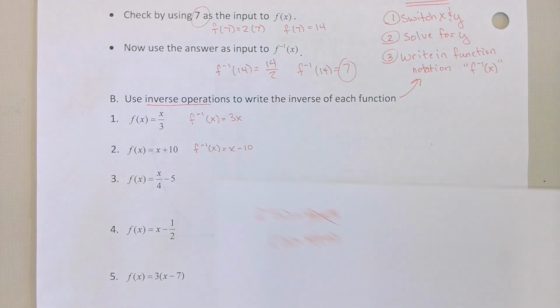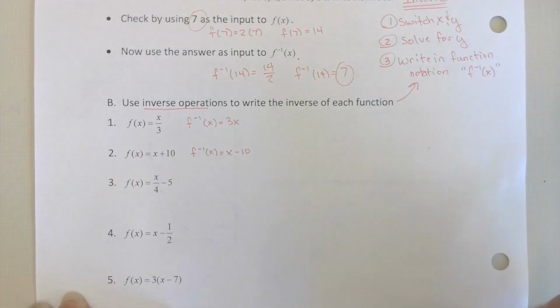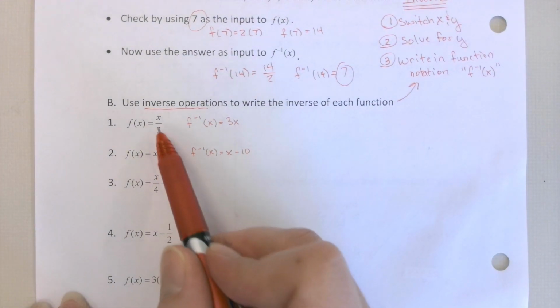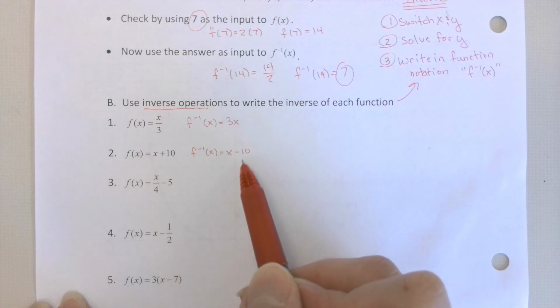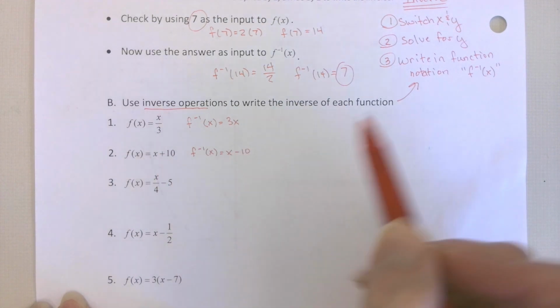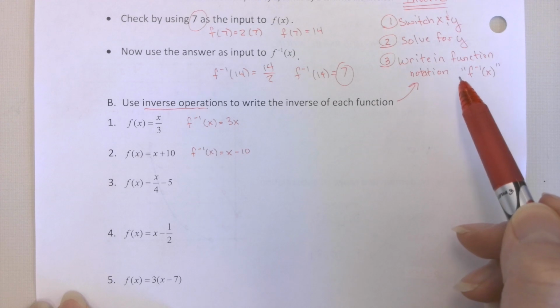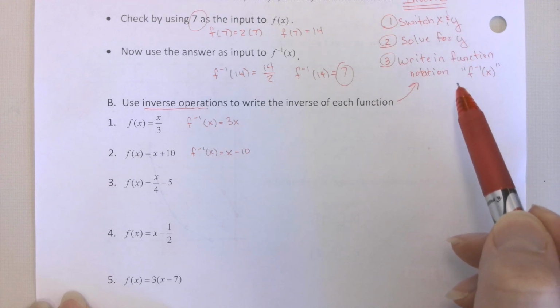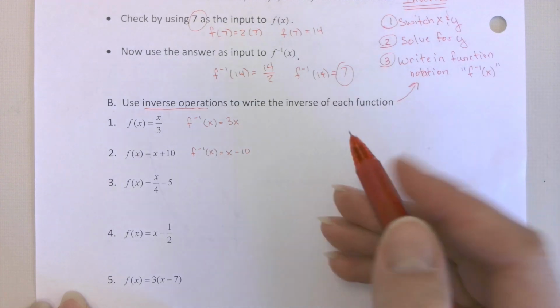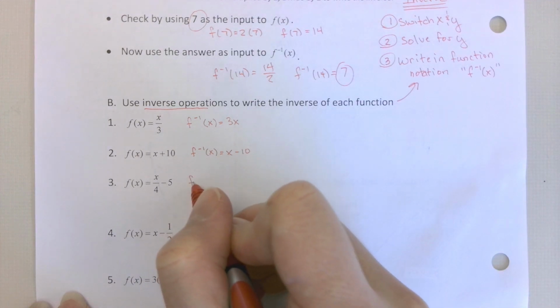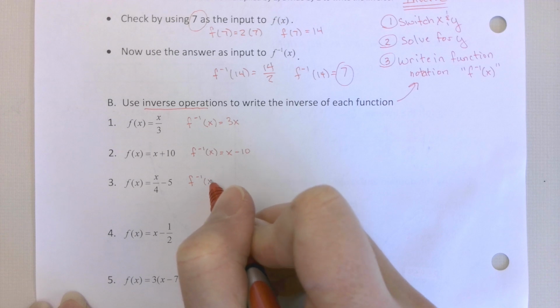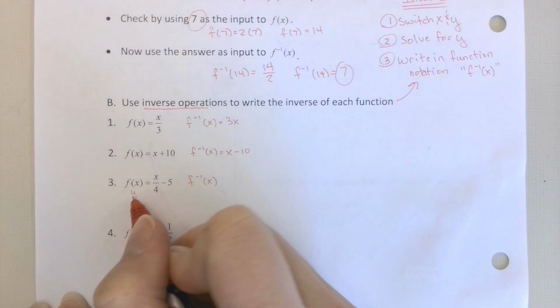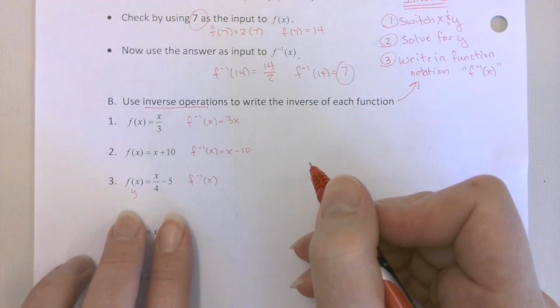So I would like to return to our 3 steps. When we have a 1-step problem, no problem, use inverse operations, but this method will always work: you switch the x and y, solve for y, and write it in function notation. Now we have to be careful with our order of operations. So I'm going to set up for my inverse, but remember, f of x is the same as y, so I'm going to flip the x and the y.